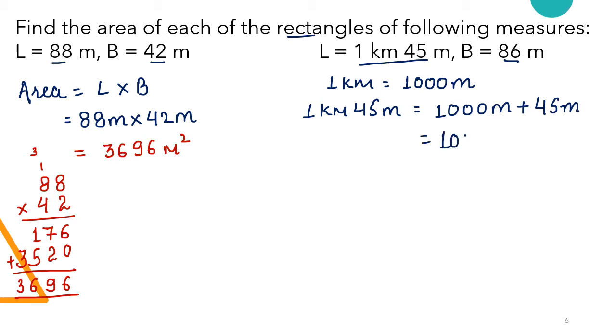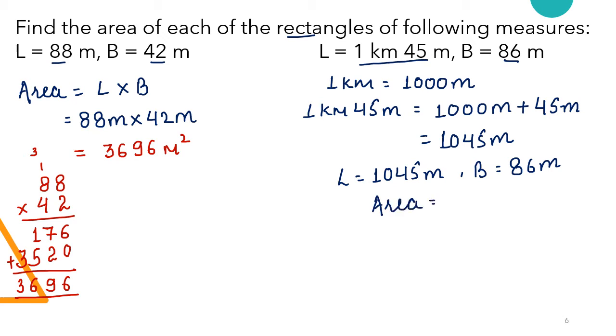So we have length equals to 1045 meter and breadth 86 meter. So area of rectangle will be equals to length into breadth, that is 1045 meter multiplied by 86 meter.